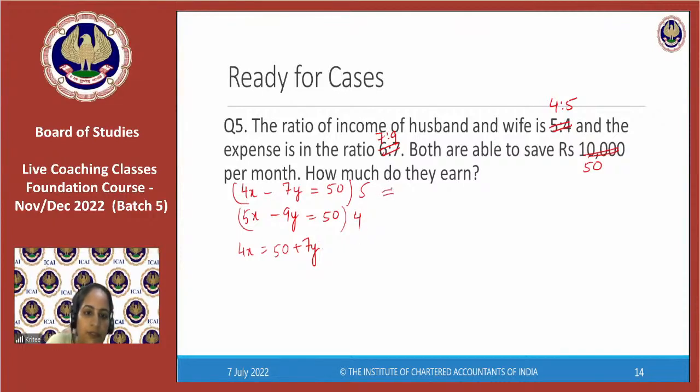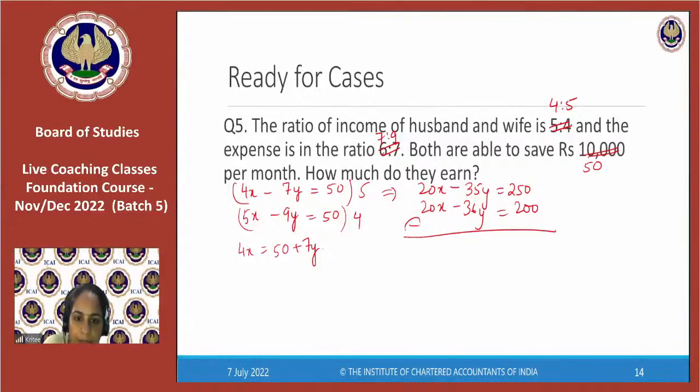So this becomes 20x minus 35y equals 250, and 20x minus 36y equals 200. Subtracting the equations, 20x minus 20x goes off, minus 35y plus 36y equals 250 minus 200. So you get y as 50.